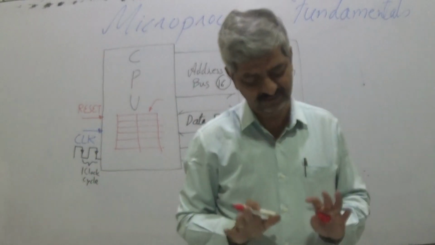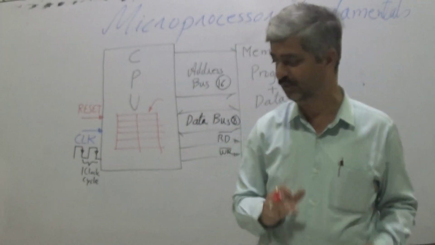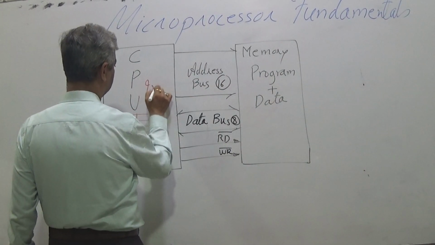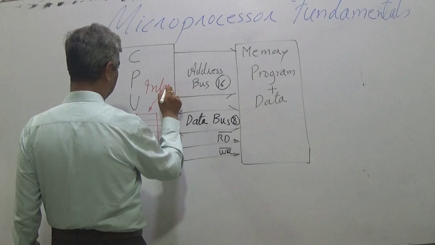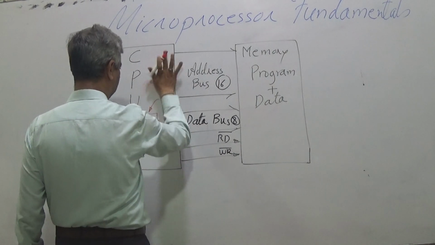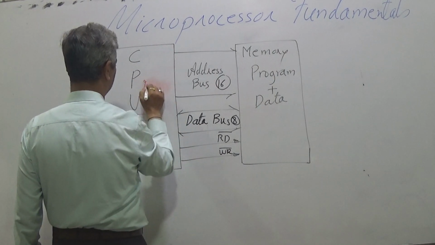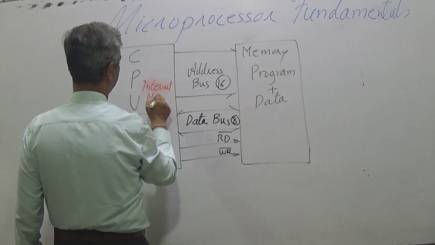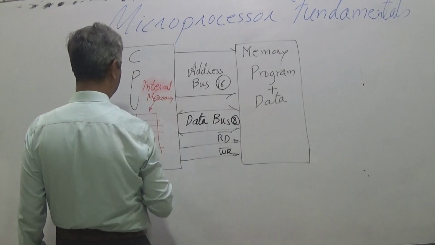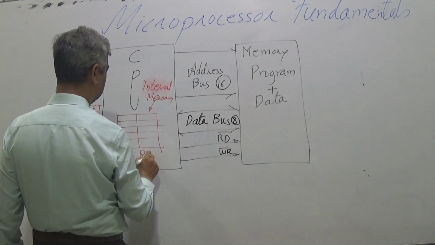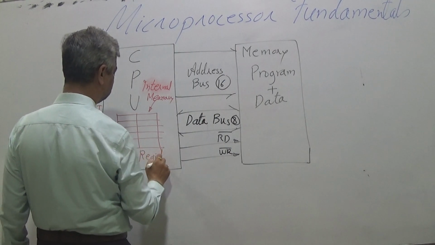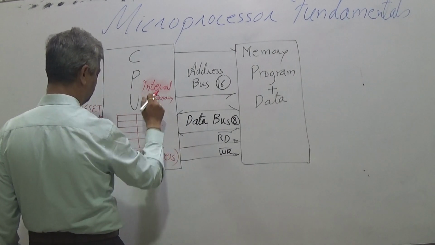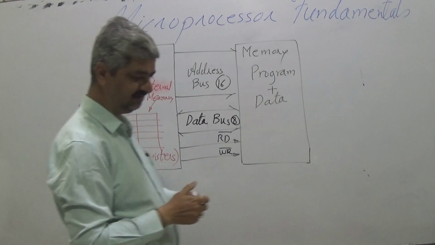Somehow just 8 bits is one location, and it is internal memory to the CPU. This internal memory is also called registers.